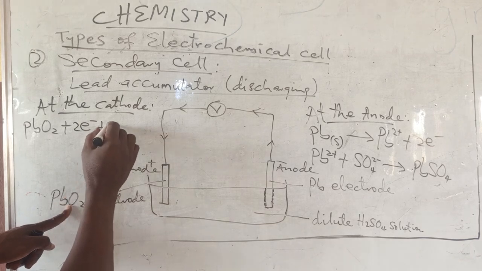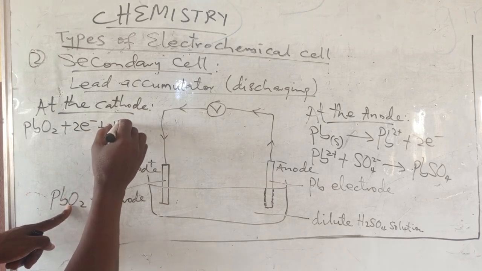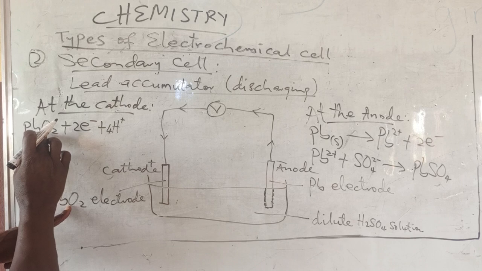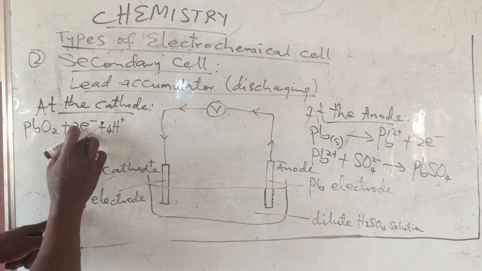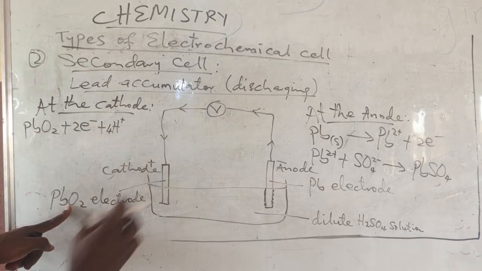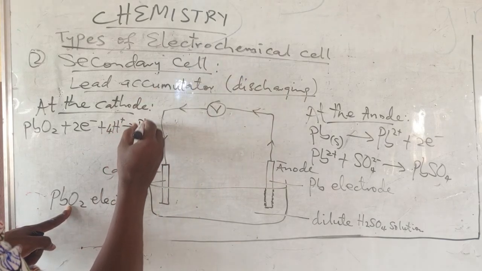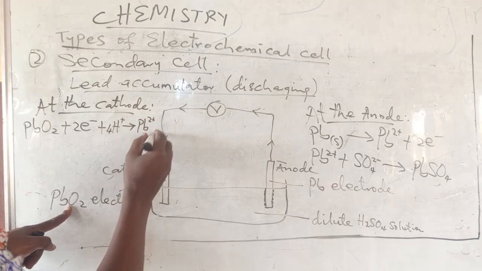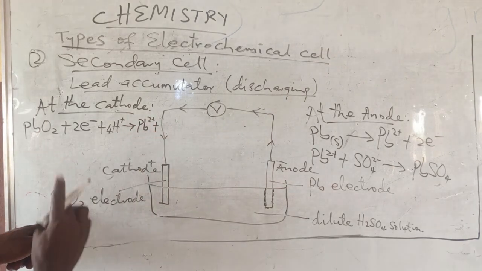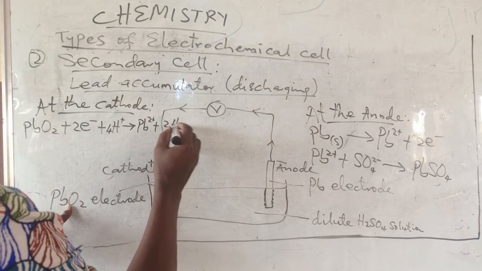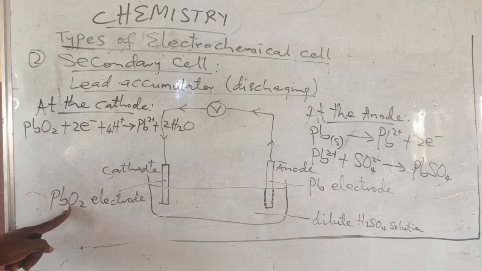Four hydrogen ions will come up and collect the 2 oxygens from here, and then react with these 2 electrons that are flowing down and form Pb2+ and 2 molecules of water. 2 molecules of water are formed also.